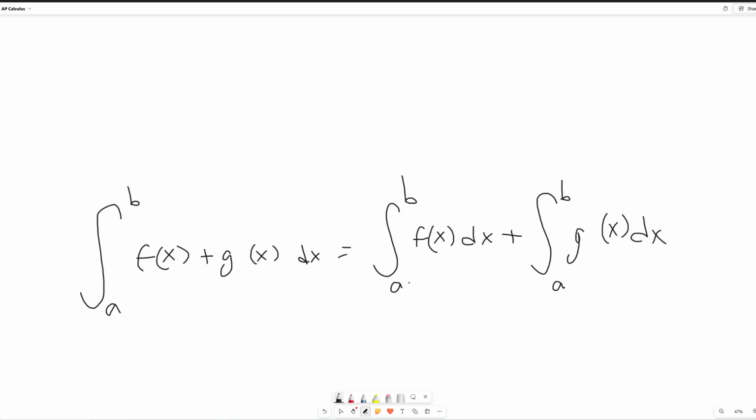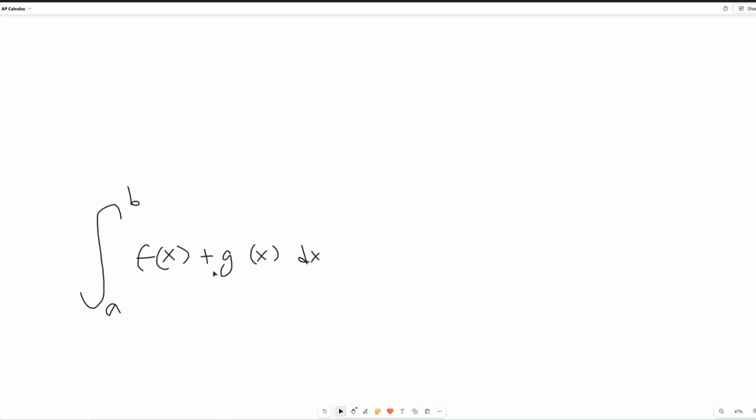This works. And the same thing will work if this was a minus sign. However, it does not agree with multiplication or division. So do not do f of x times g of x is this integral times this integral. That does not work. Same with f of x over g of x. It does not work.